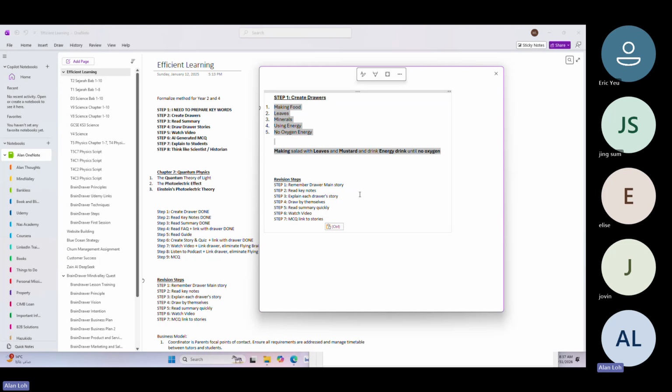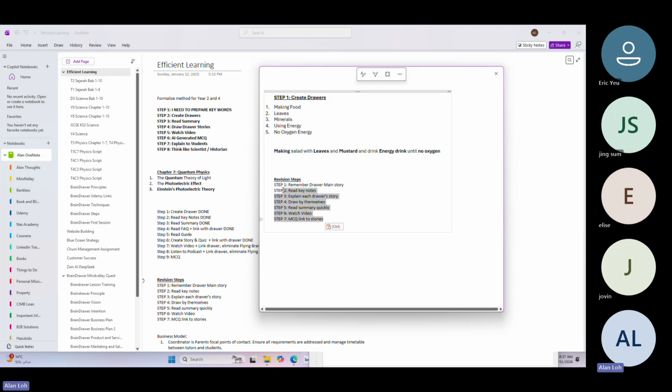So you are sure that by following these steps, you're going to get the results that you want. The result that you want for today is to be able to understand this chapter, reinforcing the knowledge that you have gained last week, right?